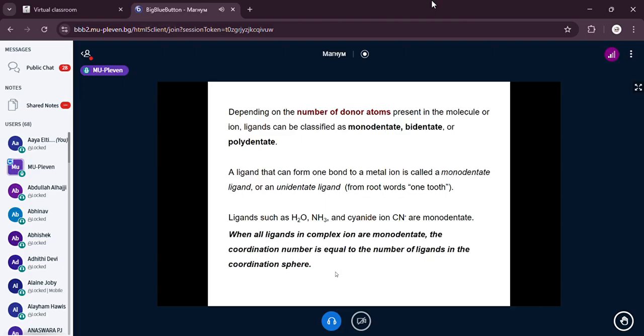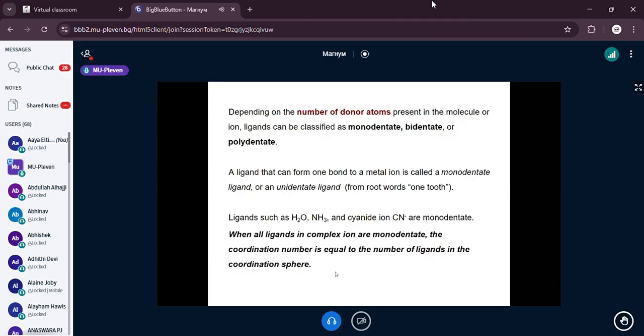Depending on the number of donor atoms, we can classify ligands as monodentate or polydentate. The name shows that monodentate ligands have only one donor atom.